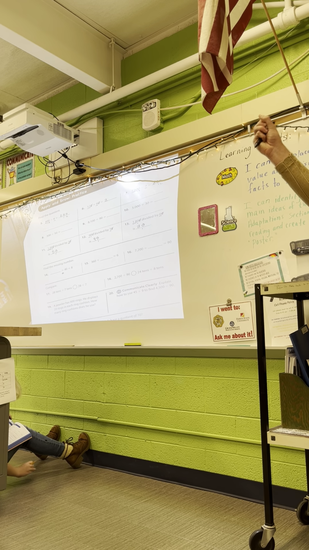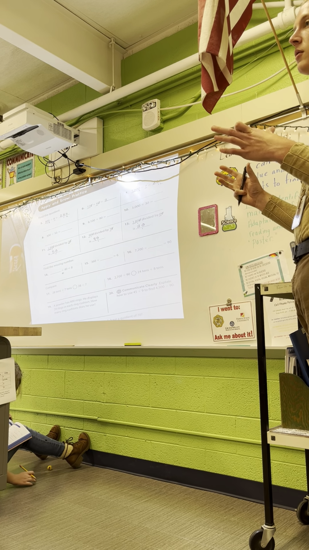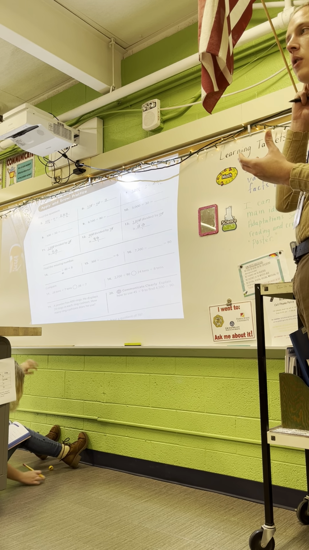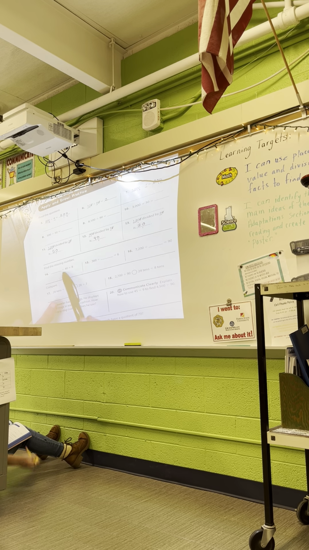So if there's 8, let's say students, inside each of the 40 groups, how would we figure out how many students there are overall? What would we do? We would multiply. So when you have blank and a division sign, you are going to multiply 40 times 8.